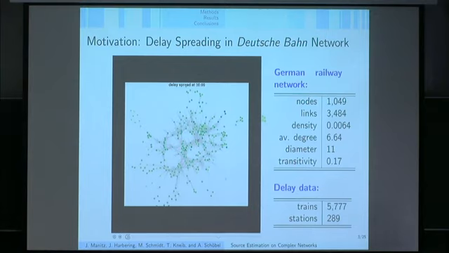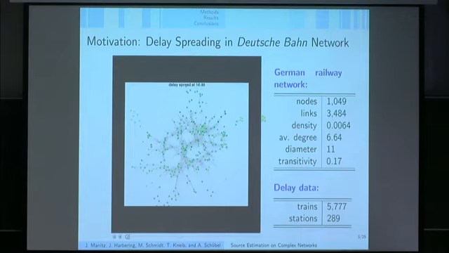The average degree is relatively high. Diameter for having so many stations is only 11, so it's a kind of very efficient network. And we have a rather large transitivity in comparison to other transportation networks. And that is due to the reason that we have not only a high-speed network here, but also regional train connections.